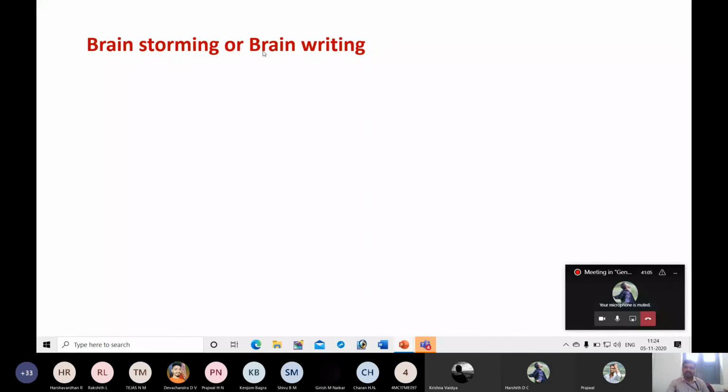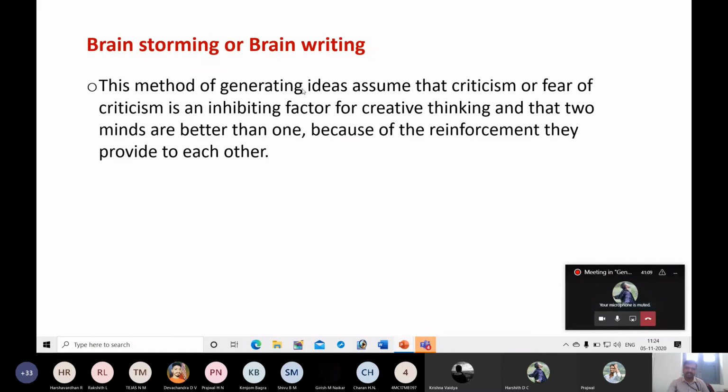So you should exhibit professional behavior. Brainstorming or brain writing: this method of generating ideas assumes that criticism or fear of criticism is an inhibiting factor for creative thinking, and that two minds are better than one because of the reinforcement they provide to each other. Brainstorming is used in many companies.